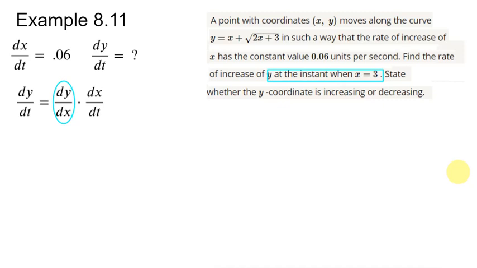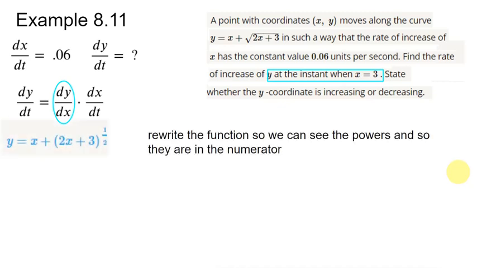So we take the function they gave us, and we're going to change the square root and raise it to the 1/2 power, so we can go ahead and use the power rule and then the chain rule to find the derivative of this. Using the power rule, the derivative of x is just 1. And then I'm going to take 1/2 and move it to the front, multiply it, reduce the exponent by 1, and then multiply by the derivative of the inside, which is 2.